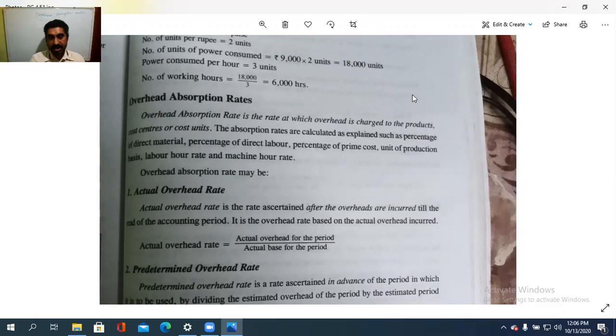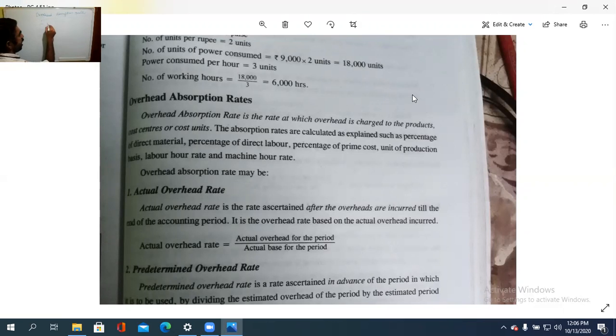Overhead absorption rate is the rate at which overhead is to be charged to the products, cost centers, or cost units. The absorption rates are calculated as explained, such as percentage of direct material, percentage of direct labor, percentage of prime cost, unit of production basis, then labor hour rate and machine hour rate. Therefore, overhead absorption rate may be actual overhead rate.